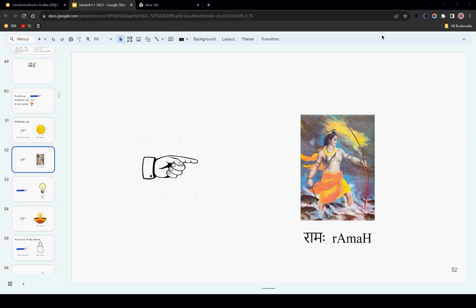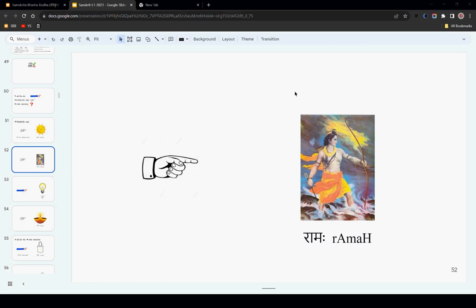So there is one more example here. On the right side we have Rama, a male standing there. That word is a pullinga word, just like Surya or Deepa. It is masculine, and it is in ekavachanam.